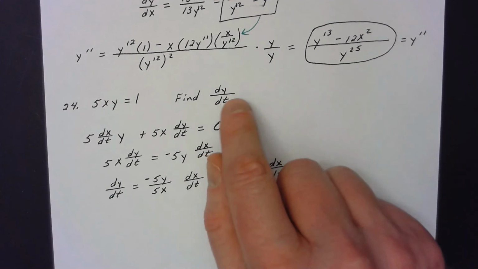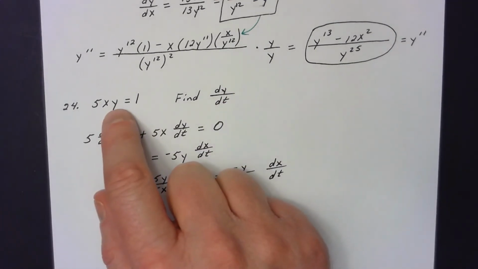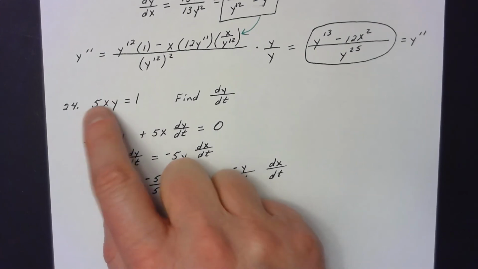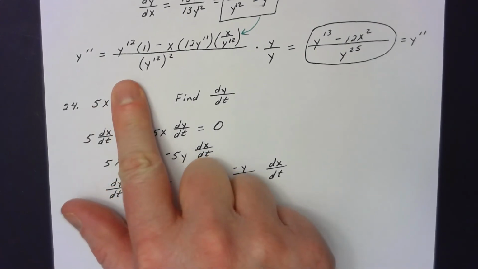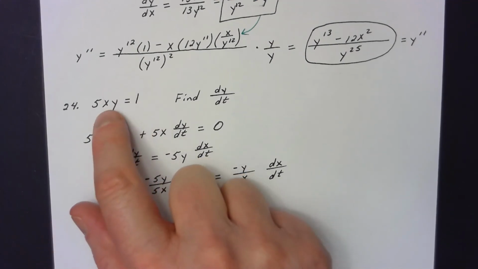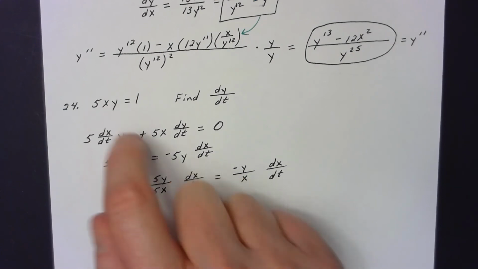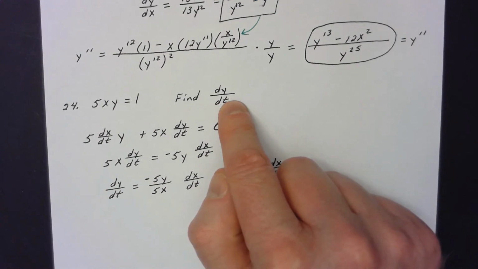So it's telling us to take the derivative with respect to t of this original relation. On the left-hand side, it's going to require the product rule. The derivative of the first, 5x: if I were taking the derivative with respect to x, it would just be 5. But I'm not; I'm taking the derivative with respect to t.